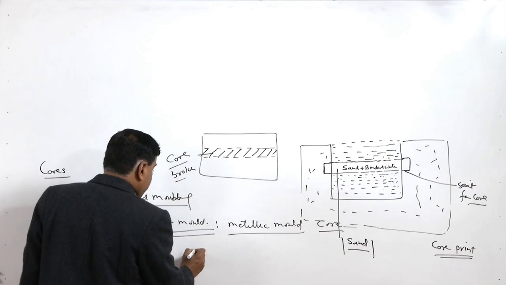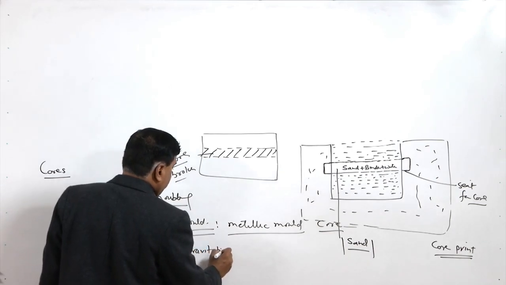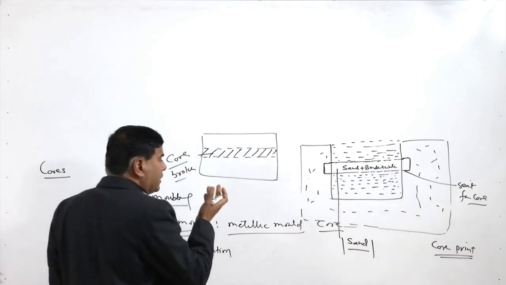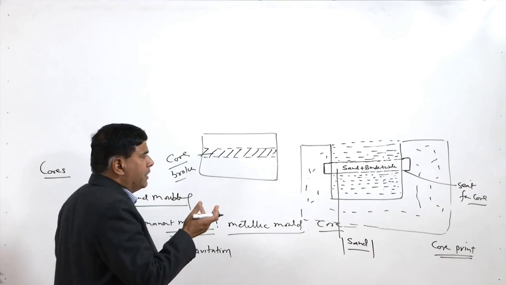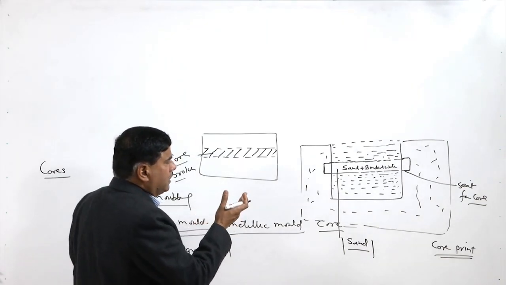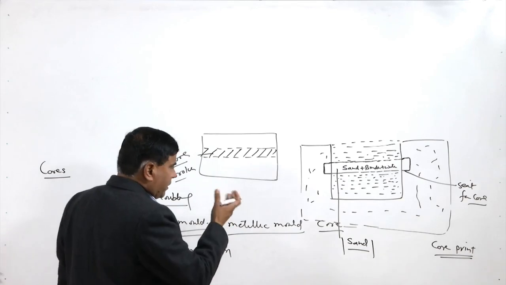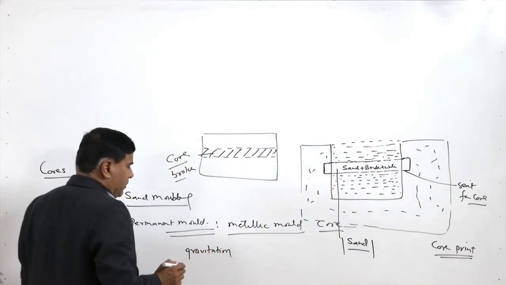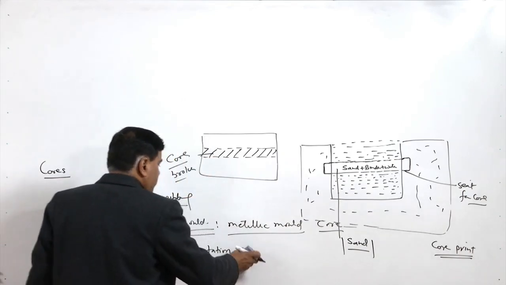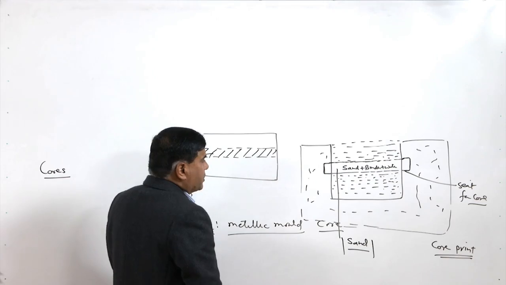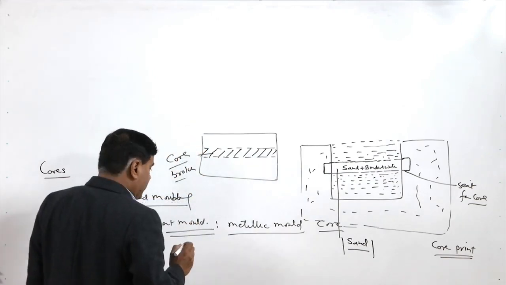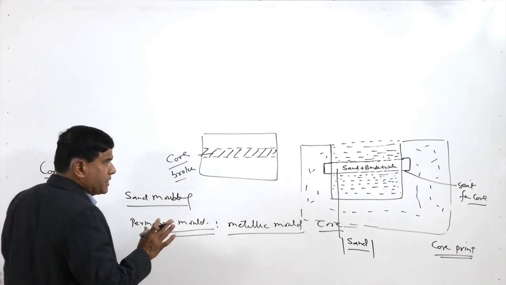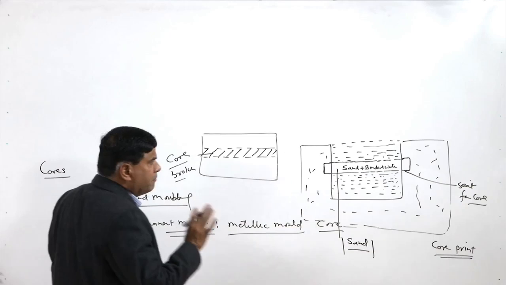One is the gravitational force acting onto the core and another is buoyancy force, the force which is trying to lift the core in upward direction, because the core is generally lighter than the metal used for the casting. Because of this it is required that the core is able to withstand the forces acting in presence of the molten metal.